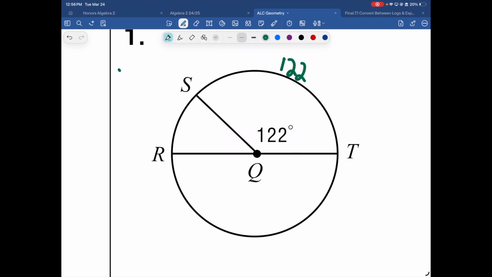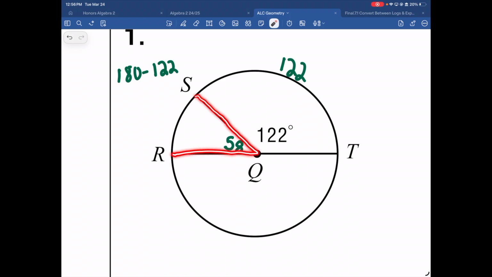So if I take 180 minus 122, which is 58, I know the measure of that central angle has to be 58. So now that cone is 58. It creates the ice cream SR, the arc SR. So SR has to be 58 as well.